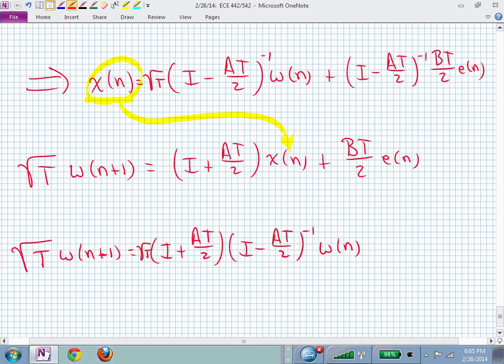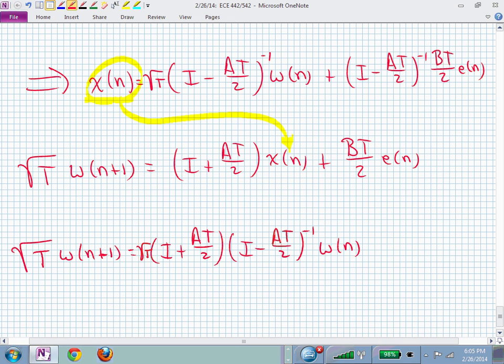I plus at over 2. That's this guy. And now x of n is going to be replaced, so I now have to pick up the second term. And it's going to be pre-multiplied by I plus at over 2.